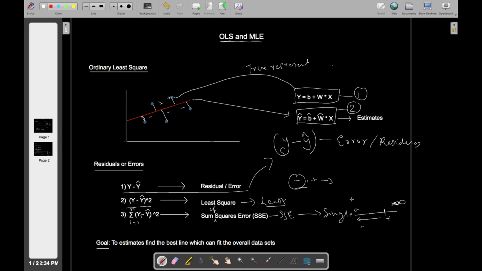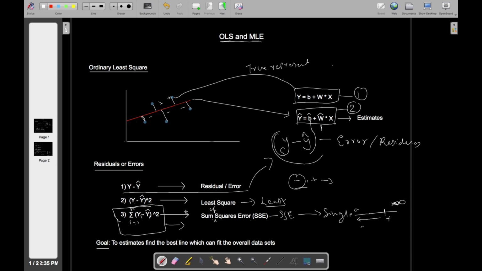So how do we calculate the B and W values using this formula? We want to minimize this function. Minimizing this function means we want to reduce the error, which goes towards zero, right? And so if we want to minimize it, we should know the optimal values of B and W, these parameter values.